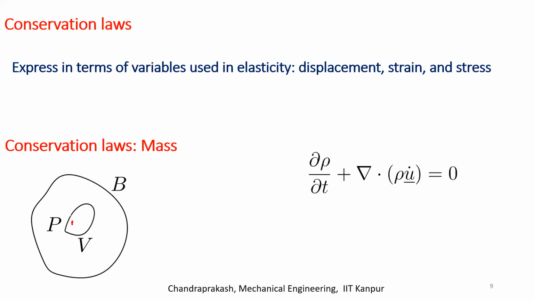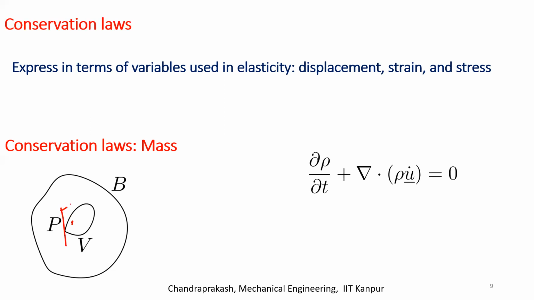Conservation of mass is this particular equation: ∂ρ/∂t + ∇·(ρu̇) = 0. Now, how does one get to this equation?